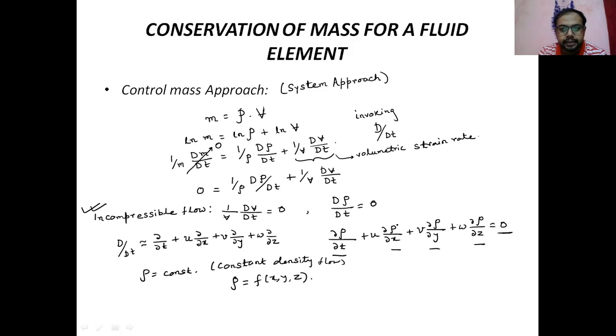I'm again telling, density may vary, but this summation should become zero. So whether density is constant or variable, if it satisfies this equation, it is an incompressible flow. So incompressible flow does not mean constant density.